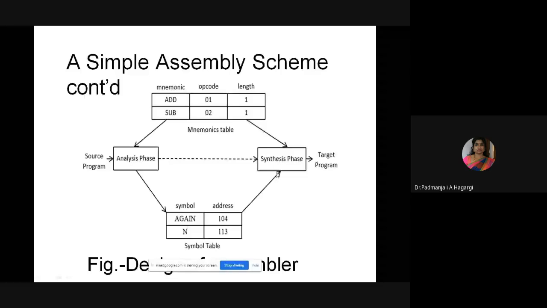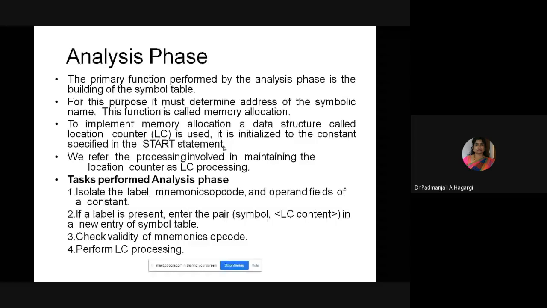They are not all shown here, but they are directly involved in generating the machine code: the opcode table and the literal table. So these are the schemes which have several tables, and I have told you that during this scheme there are two types of phases it passes through, that is the analysis phase and the synthesis phase.